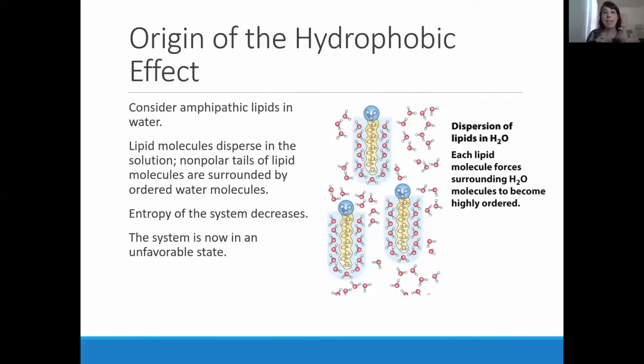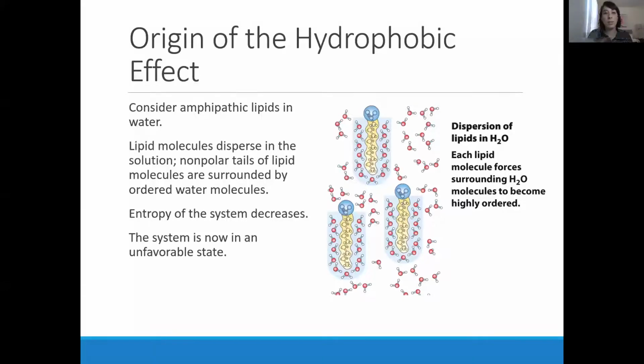So if you had a lot of lipids in water, here is an example. We have many different little lipid tails sitting in water. We now have many areas where water has to form this ordered structure, causing low entropy in those areas.